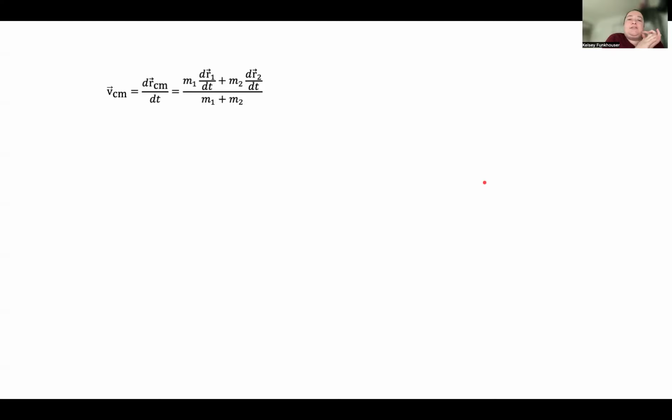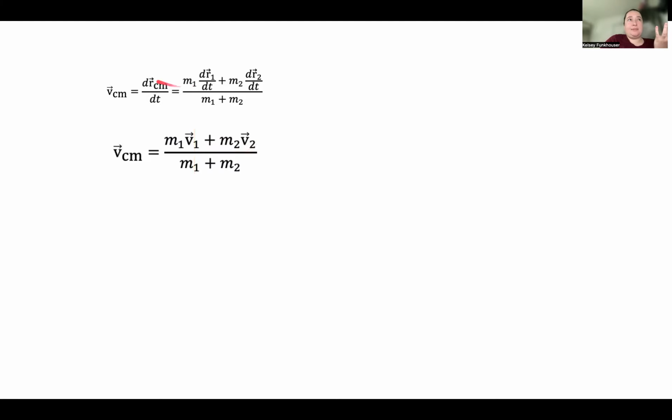We can find the velocity of the center of mass in this motion by taking the time derivative of our position equation. This gives us the same relationship with velocity that we had with position. So velocity of the center of mass is mass 1 times velocity 1 plus mass 2 times velocity 2, divided by the sum of the masses.